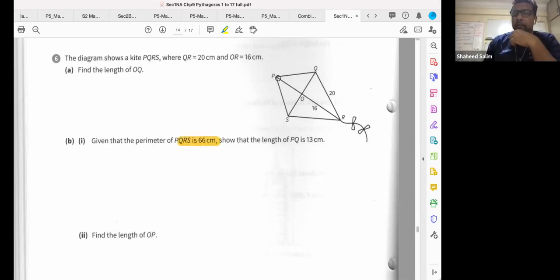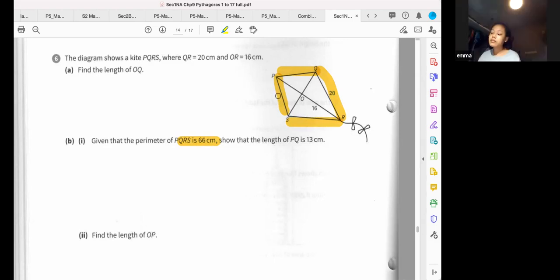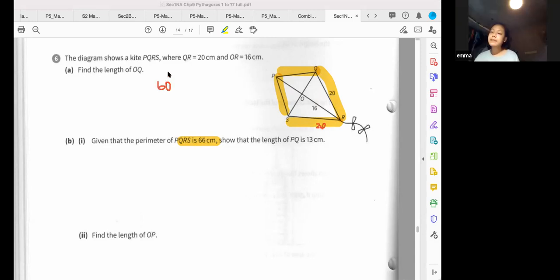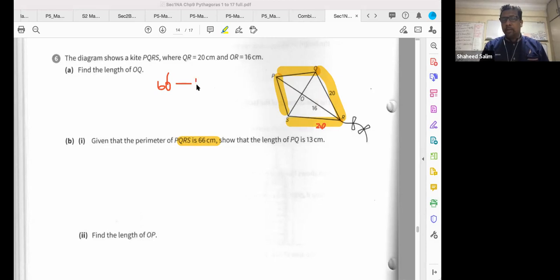So perimeter is 66. This plus this plus this plus this. Now for a kite, these two are the same. These two are the same. Proven, right? Okay, this one is 20. So 66 minus 20 minus 20, minus 40, is 26. 26 is for this and this.